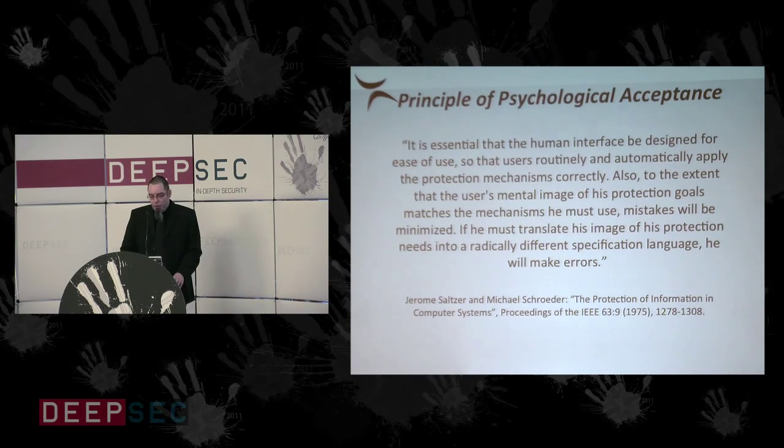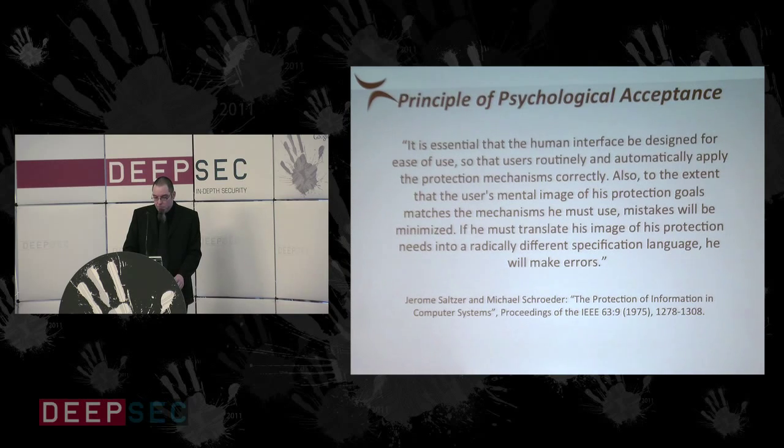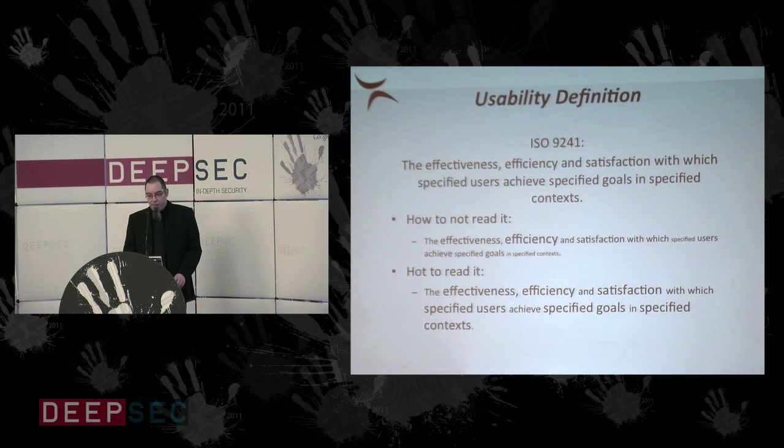You can read it, I won't read it word by word, but it boils down to this: if you design your IT security systems in a way that they are unusable, users either won't use them or will use them the wrong way, which then, of course, very often circumvents the security of the systems. And we know this since 1975 already, as you see in the reference.